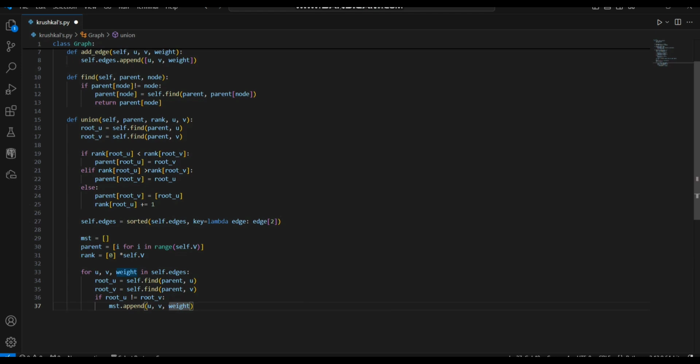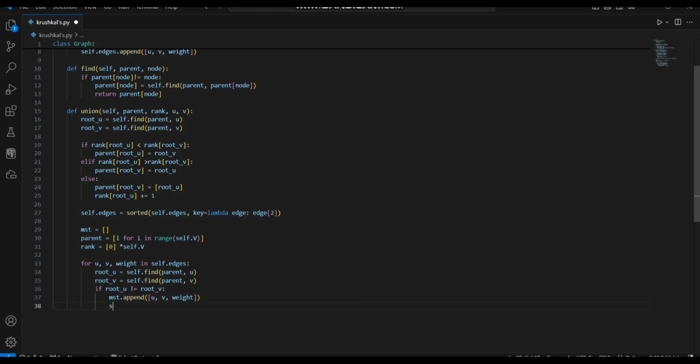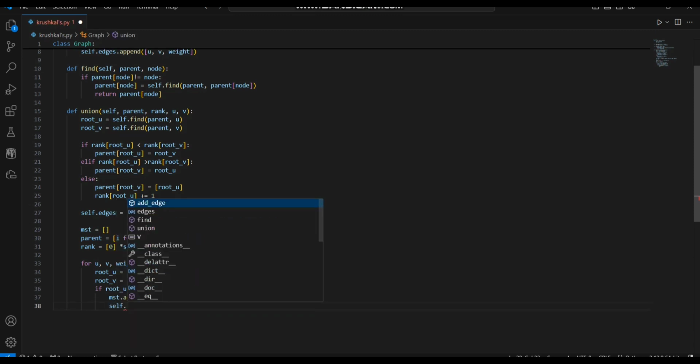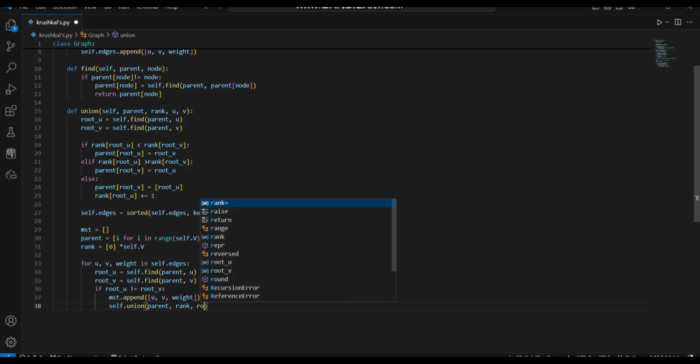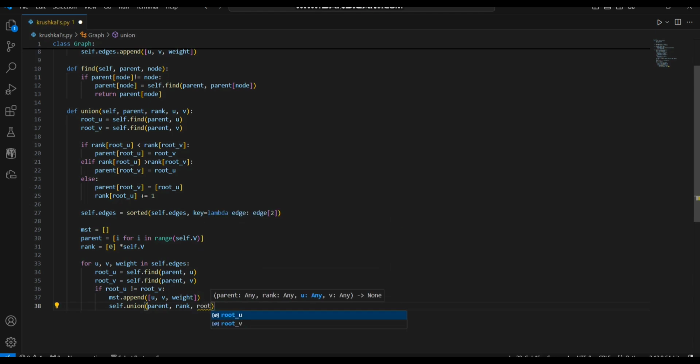Root u is equal to self.find(parent, u). Next, the root v is equals to self.find(parent, v).